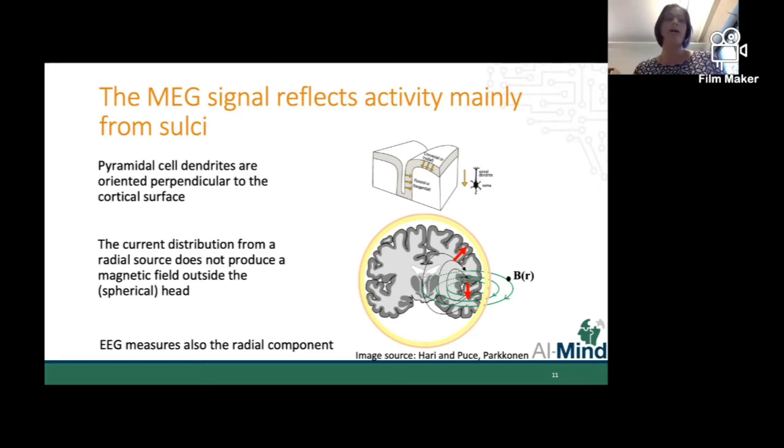So let's take a special case that we have a participant whose head is a perfect sphere. In this case, we know from electromagnetic theory that a radial source will not cause a magnetic field outside this perfect sphere at all.